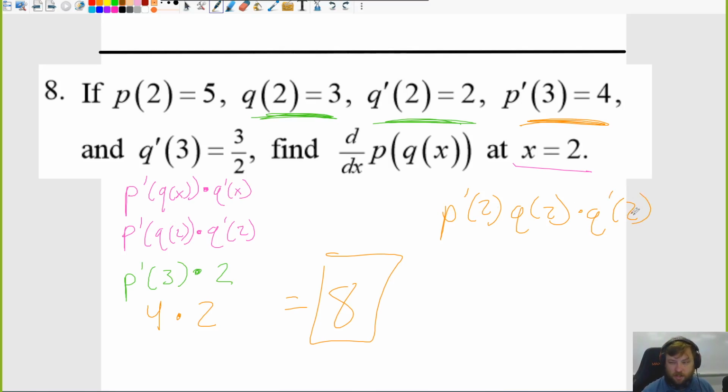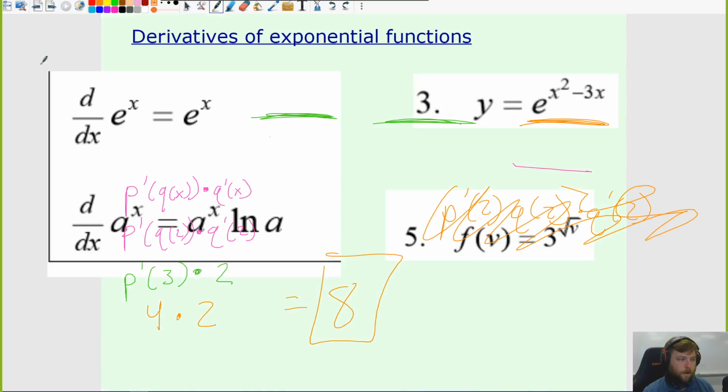They would think you're supposed to do this, so they'd be plugging in. You wouldn't even have a p prime of 2. I don't even know what you do. But they would give you good traps in here, and you might just put this one in because you don't know. So watch when you're doing these kind of problems. I like writing out these steps too. Kind of keeps track of what you're doing for your work.